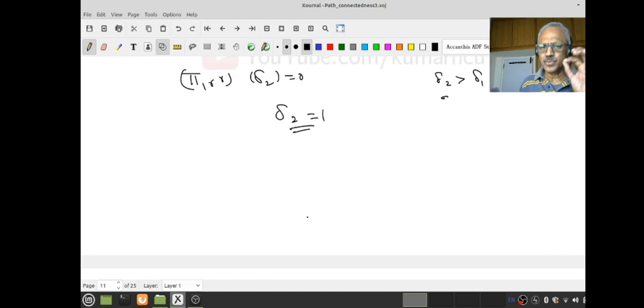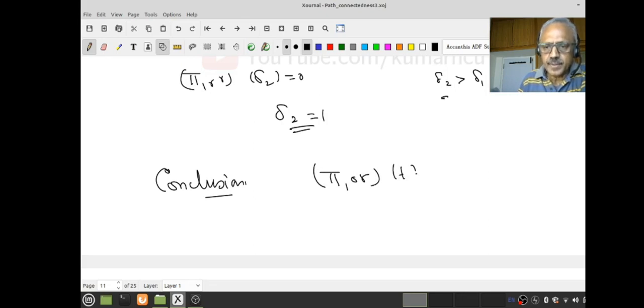Therefore what do you think I have proved? The major conclusion is we have proved pi 1 composite gamma of t is 0 for all t in [0,1]. Therefore in particular gamma of 1 will be of the form 0 comma something.